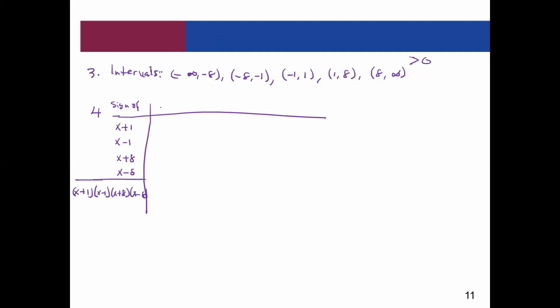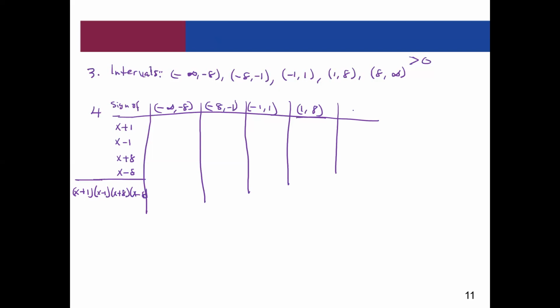Then we have the interval from negative infinity to negative 8, that is the first interval. We have negative 8 to negative 1, that's the second one. We have negative 1 to 1, that's the third one. And we have 1 to positive 8, that's the fourth. And then from 8 to positive infinity.